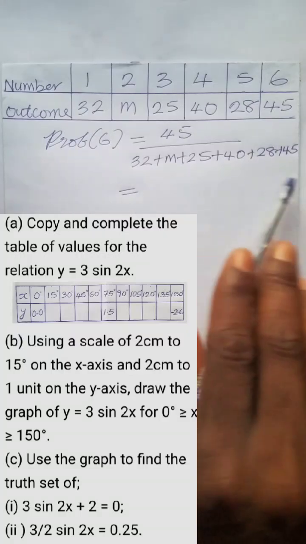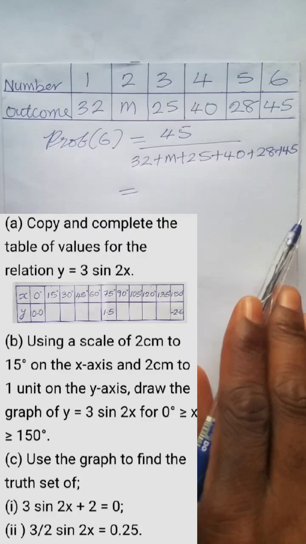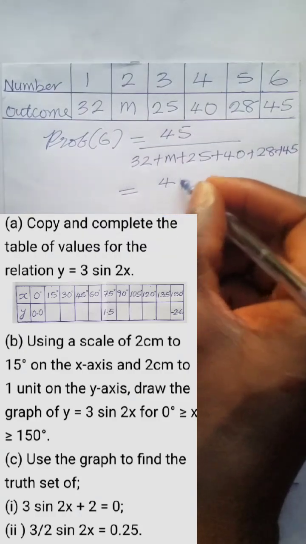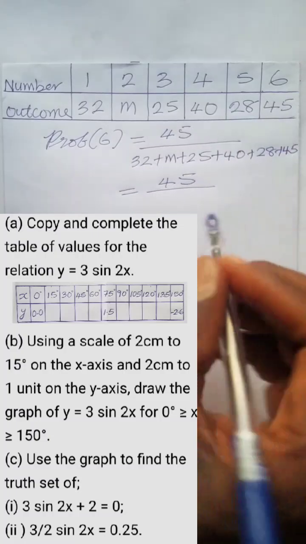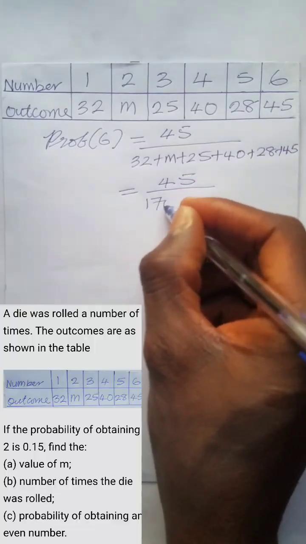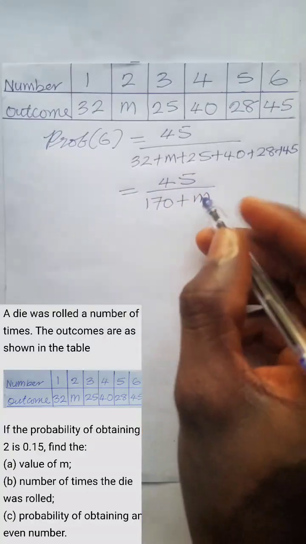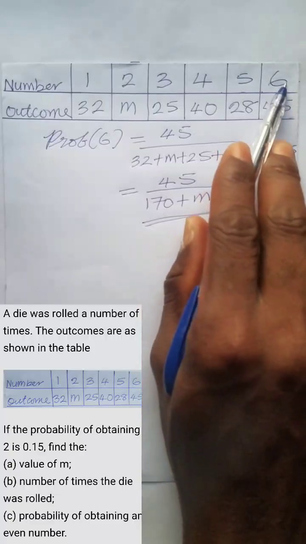Number of desired outcomes divided by number of possible outcomes. So this is going to be 45 divided by, let's add all these together, 170 plus M, because M is not a number, I can't add that. If I knew what M is, this will be the probability of obtaining a 6.